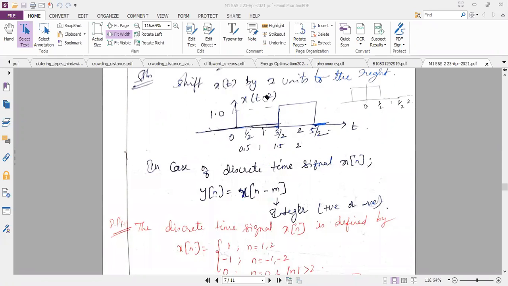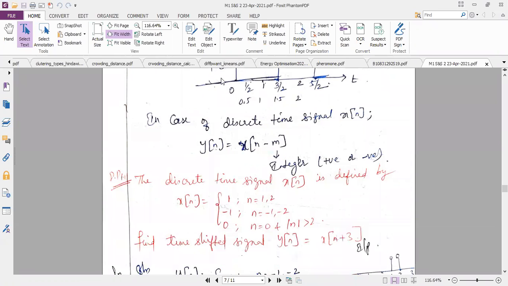Just copy the question. The discrete time signal x of n is given by: x of n is equal to 1 at n equal to 1, 2; minus 1 at n equal to minus 1, minus 2; and 0 at n equal to 0, and for the magnitude of n values greater than 2.